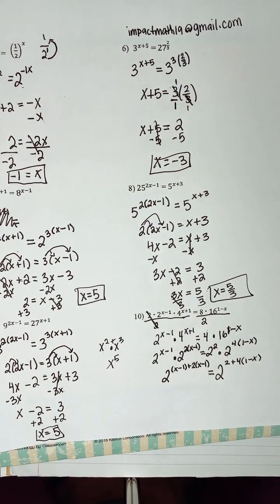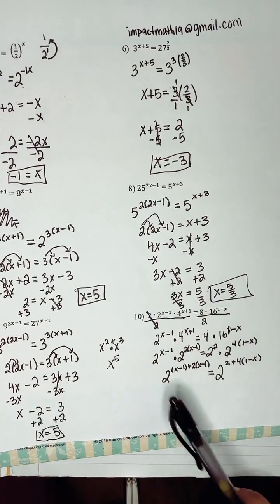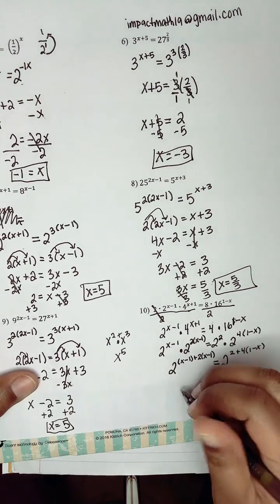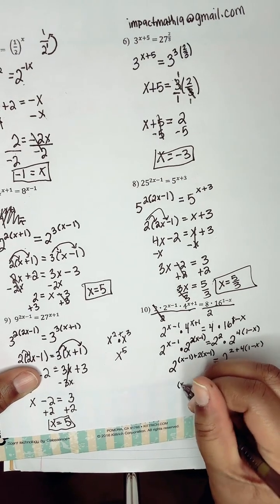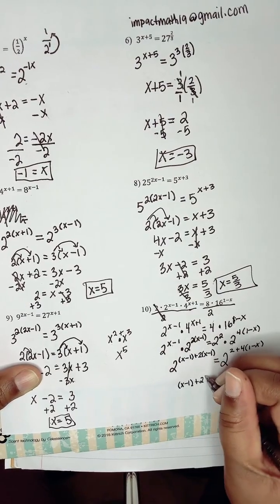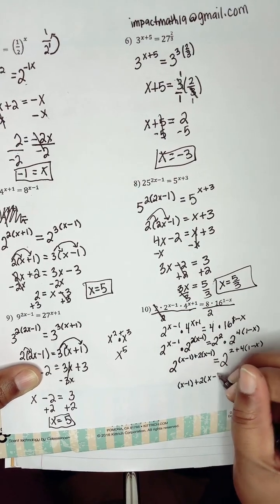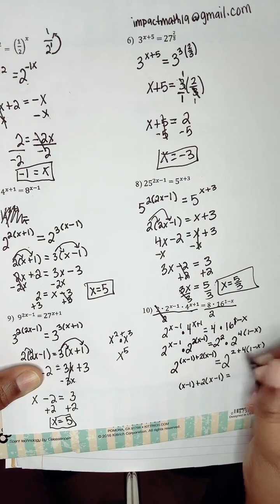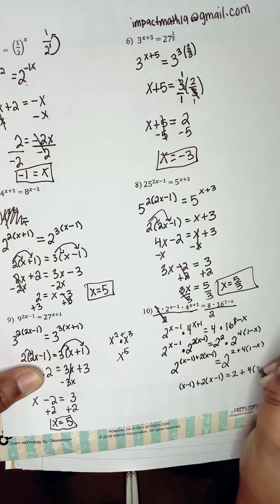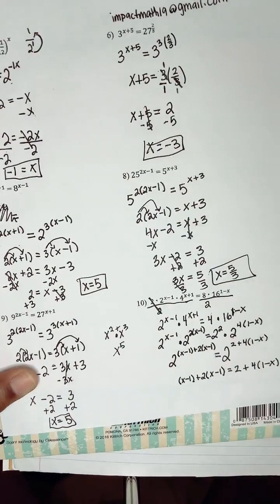We made it, right? We have the same base. Now we can set our exponents equal. So we're going to do x minus 1 plus 2 times x minus 1 equal to, and we're going to write this, 2 plus 4, 1 minus x.